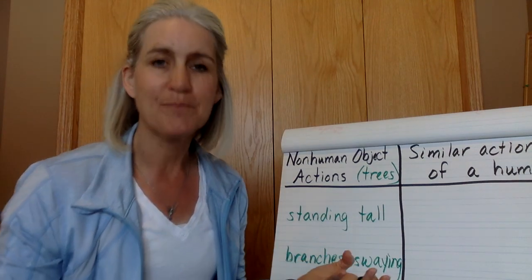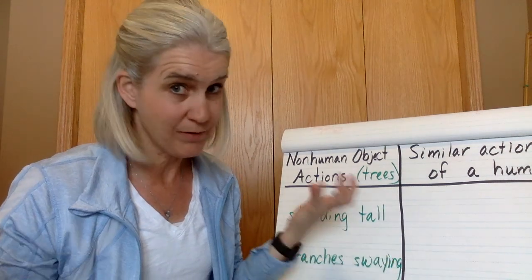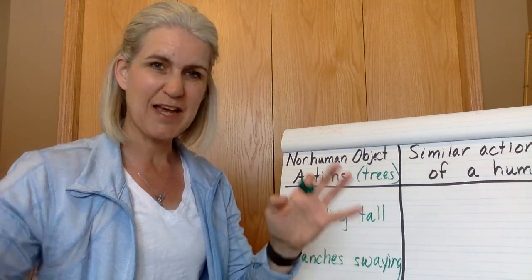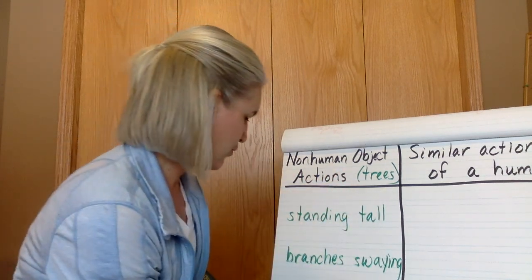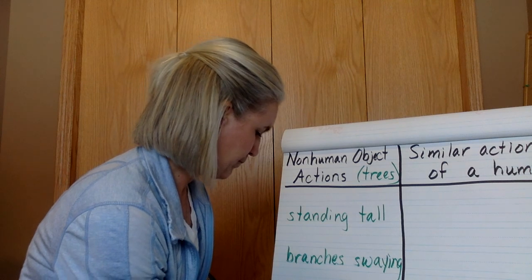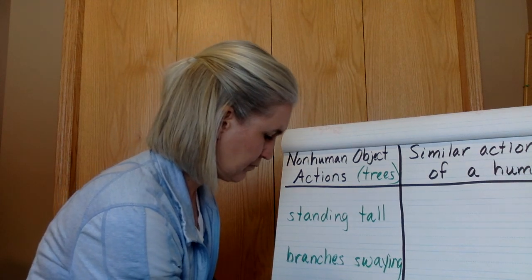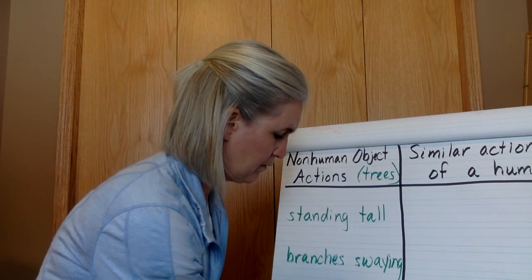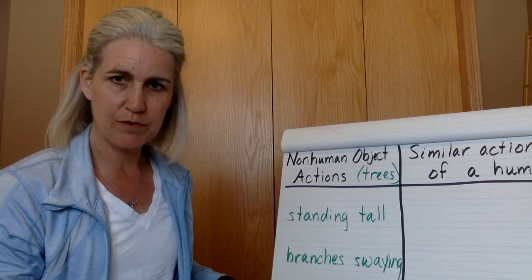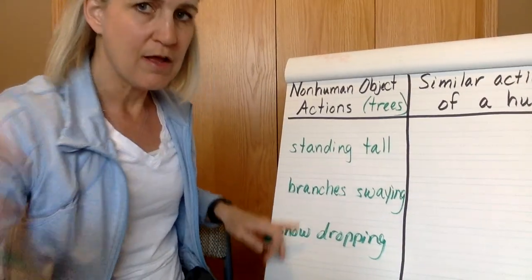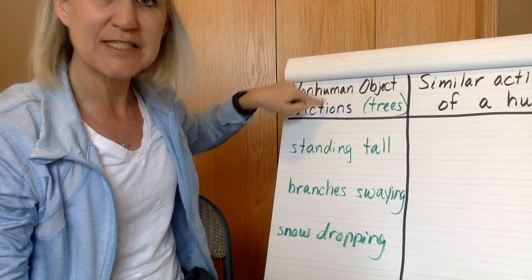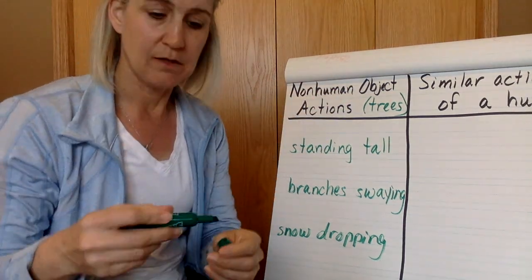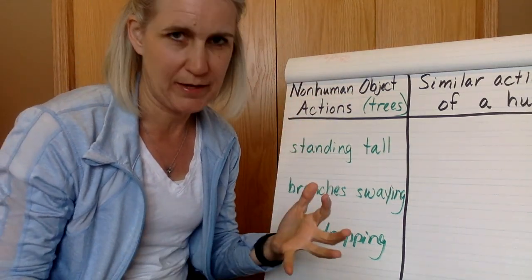And this is the day after Easter of our big snow. So, because it's kind of melting, snow is dropping. Okay, so I'm going to stick with those three. These are the actions that I see the object doing. Like, how is it moving?